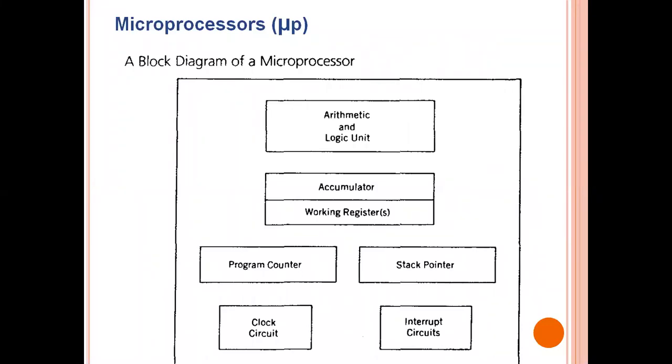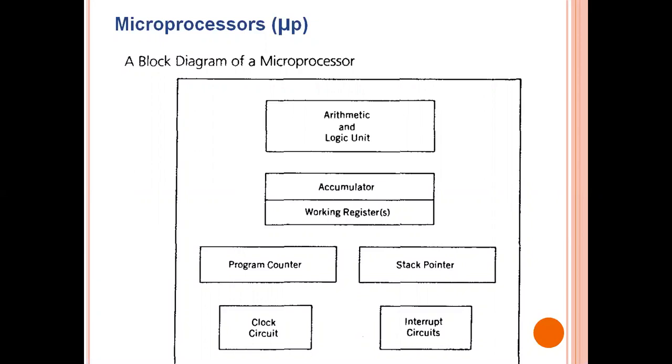Look at this picture. It is a block diagram of the microprocessor, nothing but the CPU. It consists of ALU, a set of registers, clock circuit, and interrupt circuit. We already discussed ALU. Next, coming to the register part. Accumulator: it is a default register which is used in all operations of the CPU.